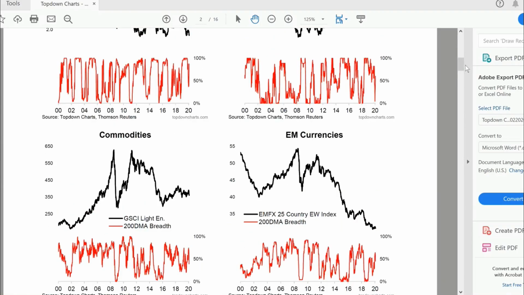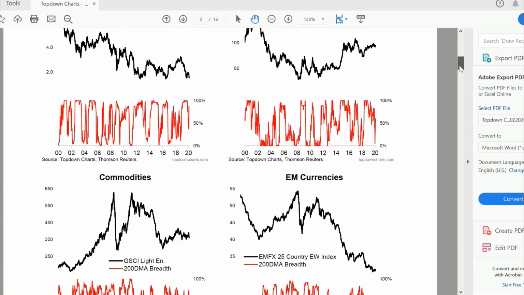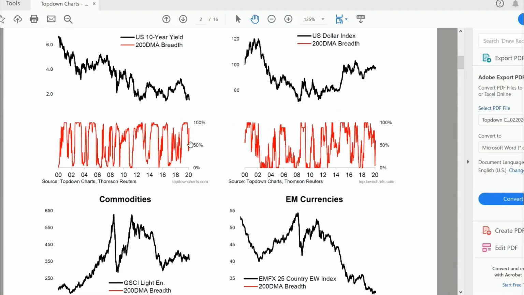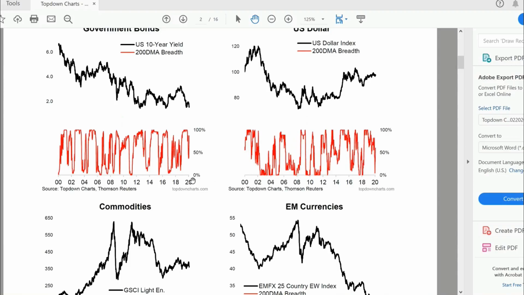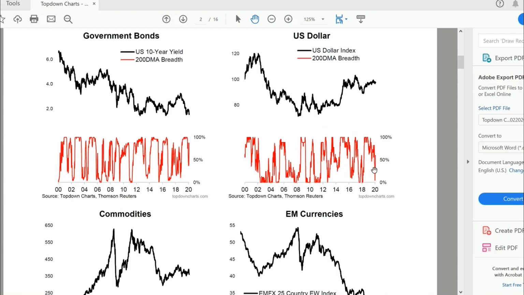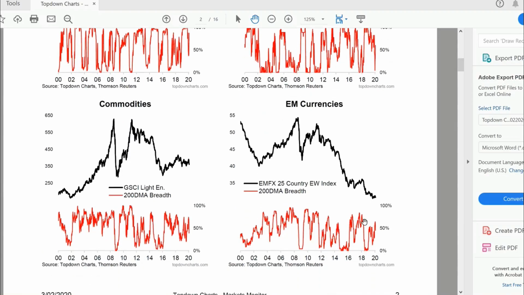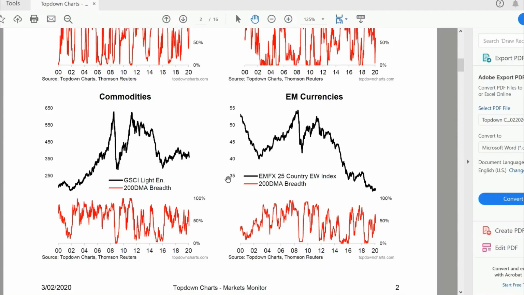It's designed so that you look at this page and can instantly see what's going on in markets. If it's a bit of a risk-off situation like it is at the moment, then government bond breadth is going to be rallying, ticking up. US dollar breadth tends to tick up in risk-off. Currencies have kind of rolled over there, same thing with commodities.